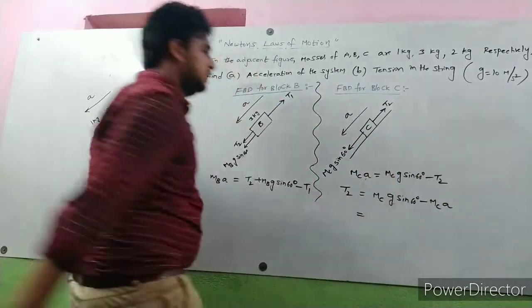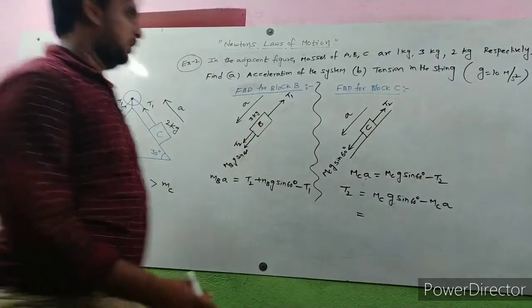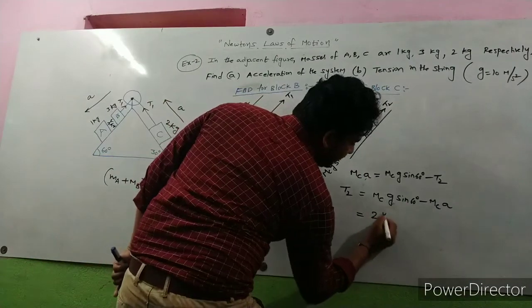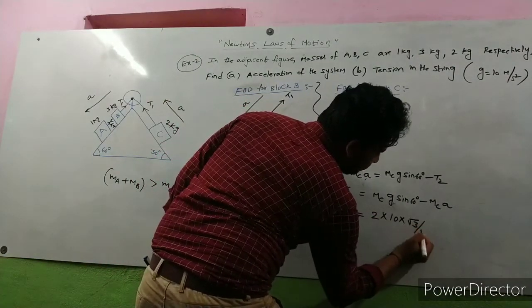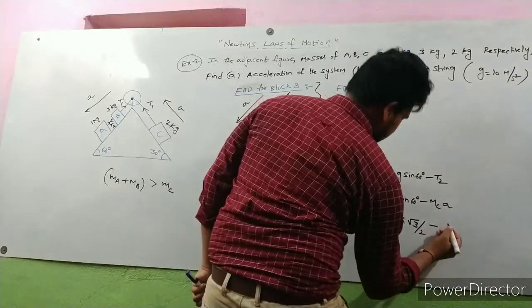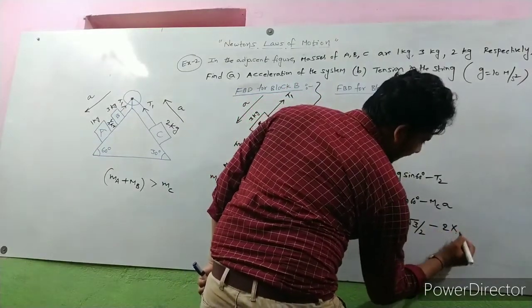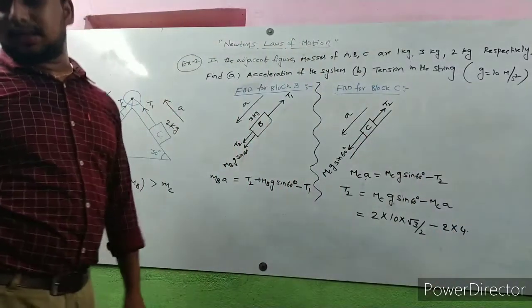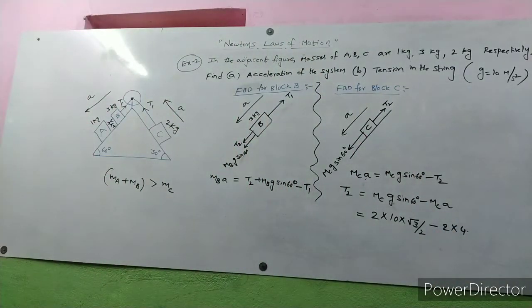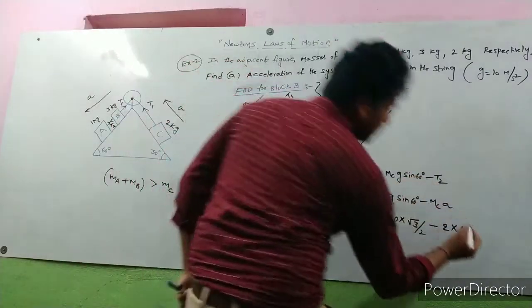For this, MC value is 2, g value is 10, sin 60 value is root 3 by 2, minus MC value 2 into acceleration. What is acceleration? We got it a few minutes back, 4.1 meter per second square.